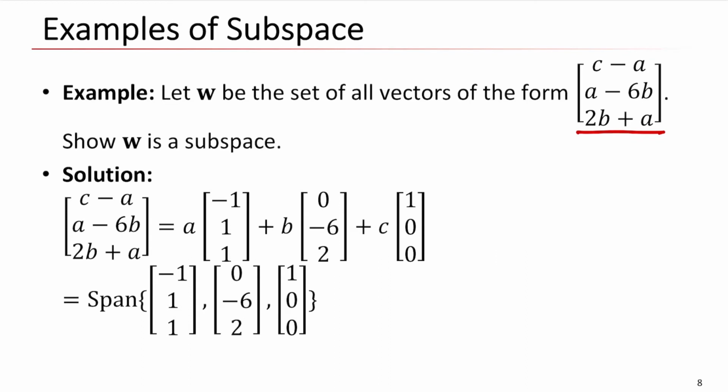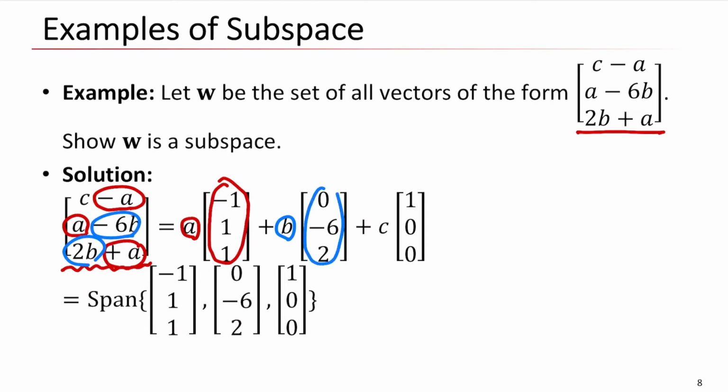First of all, let's decompose this original vector in terms of the variables a, b, c. How can we do that? Extract a from the terms related to a. So here is the remaining vector like that. If we extract b, then here is the vector like that. And if we extract c, the remaining vector is like this.